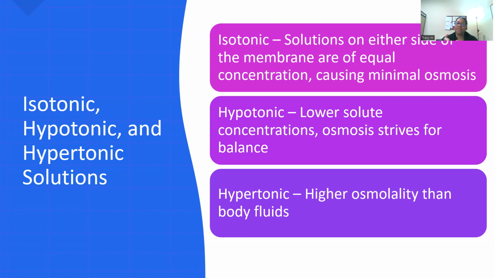So you'll see minimum osmosis occurring with isotonic, but when a solution is hypotonic, that's when osmosis is moving and shifting the fluids to maintain balance. Okay. And then we have hypertonic solutions where there's a higher osmolarity than body fluids. And then you may also see osmosis there as well.